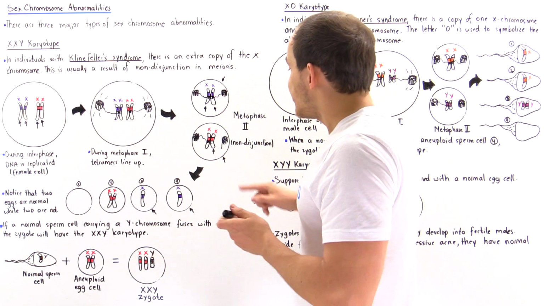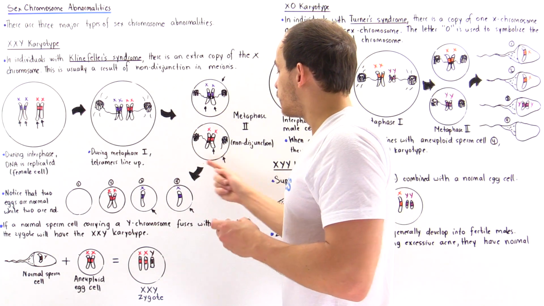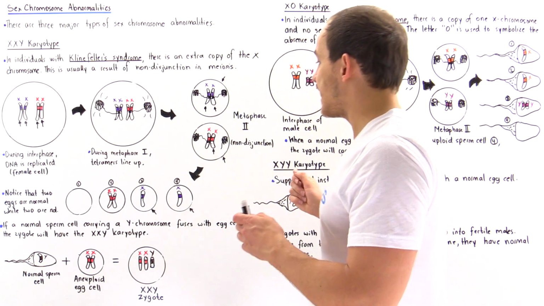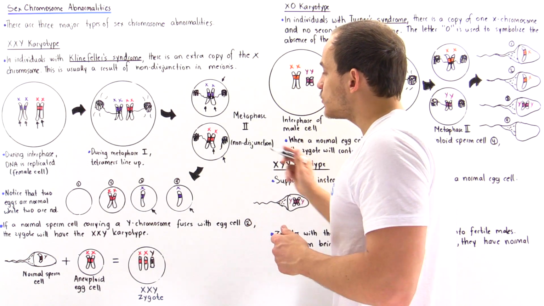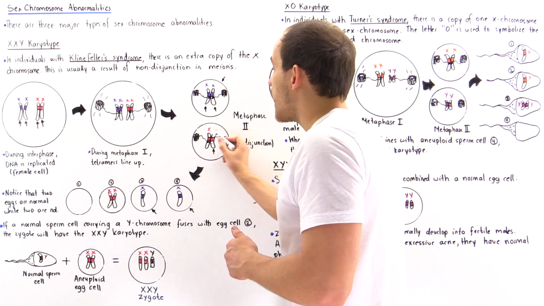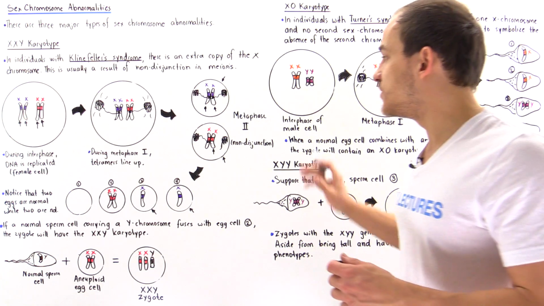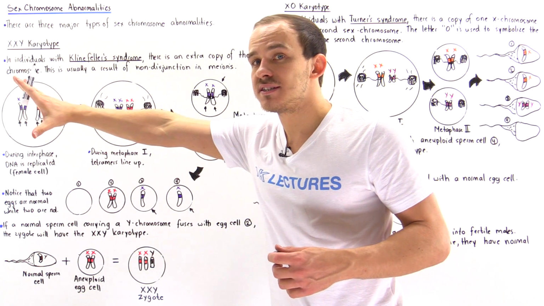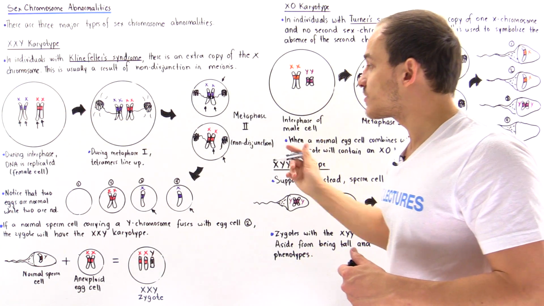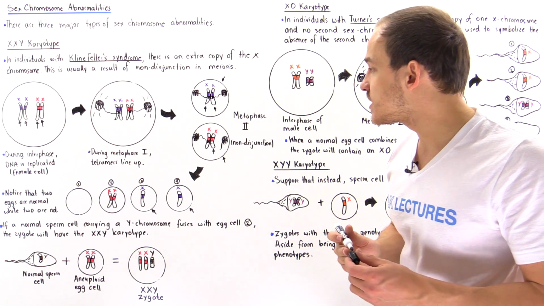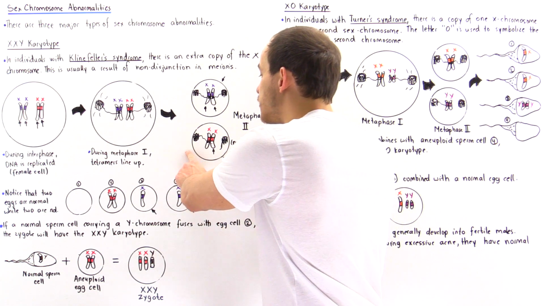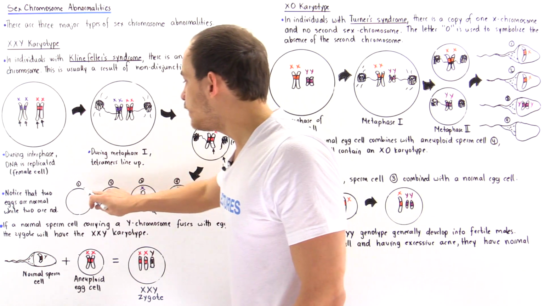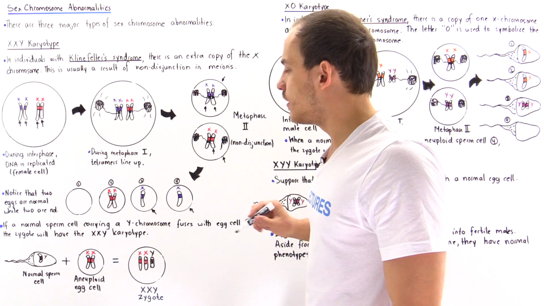X cells. Now, because non-disjunction took place within this second haploid cell, because this failed to form the proper connection, this entire pair of identical sister chromatids moves to one side, and none of those sex chromosomes move to the other side. And so eventually when we form our two X cells from this particular cell, we form cell number 1 and cell number 2.